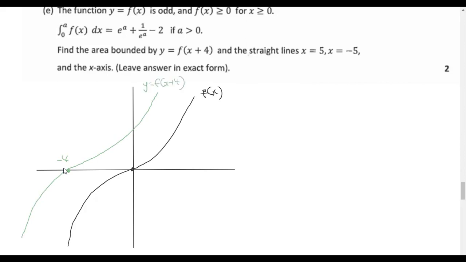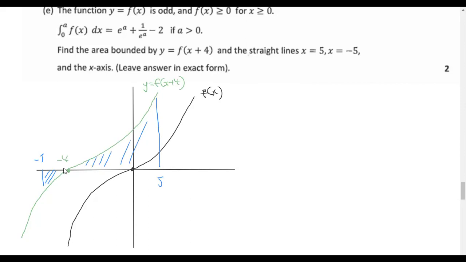So if you're trying to find the area bound by y equals f of x plus 4, and the straight lines x equals 5 and negative 5, we'll call that not to scale, because this is a very rough diagram. If we call this 5 and negative 5, then you're really looking for this area and this area.